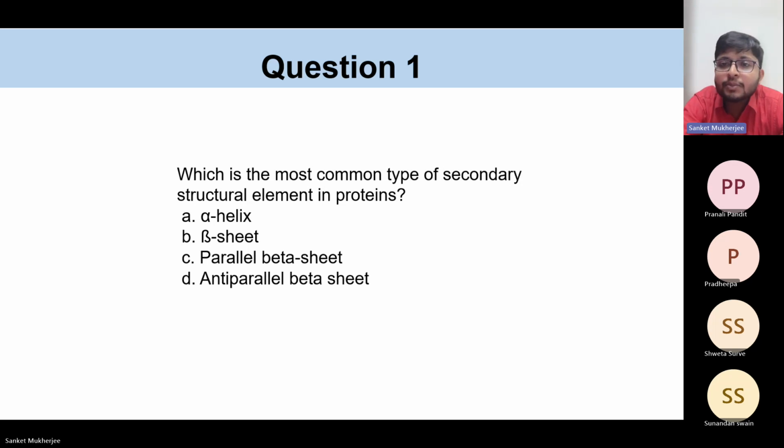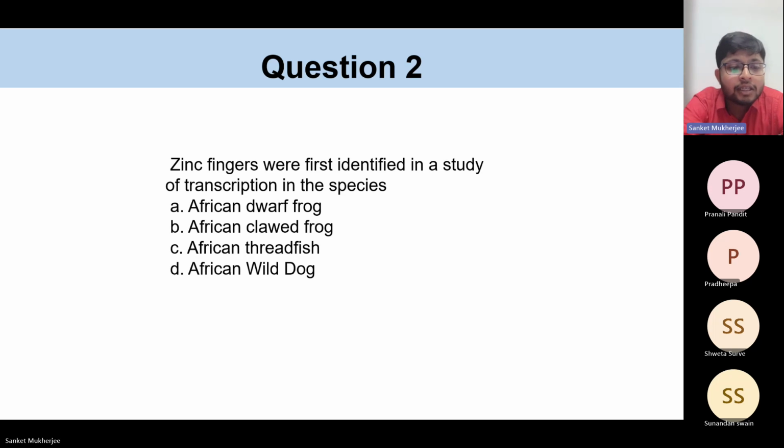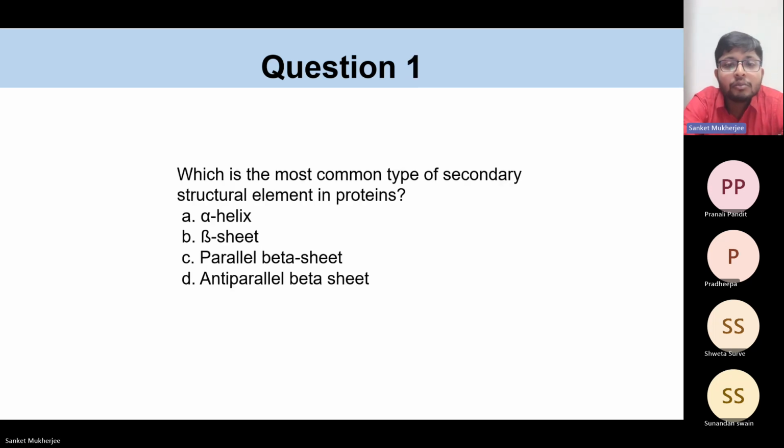Is it alpha helix, beta sheet, parallel beta sheet, or anti-parallel beta sheet? Alpha helix. I hope it is clear to everybody. We just discussed a while ago that alpha helix is the most common type of secondary structural element in proteins.